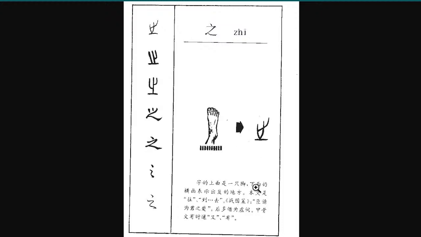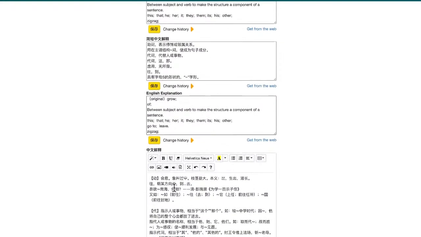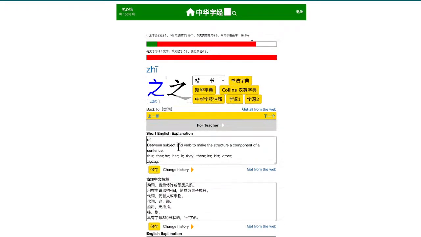That's the very original meaning of this character. Later they expanded into other meanings, but when you read some ancient text, you can still find this usage, like leave for some place. So this is 之.